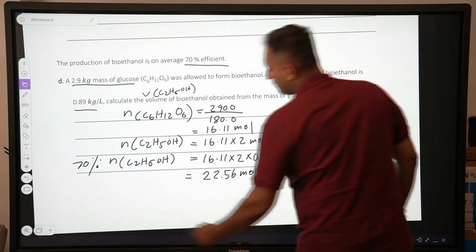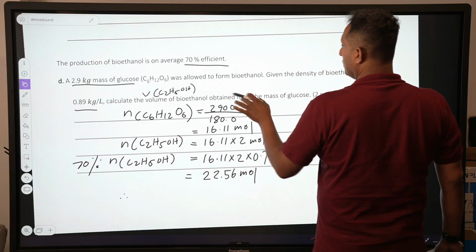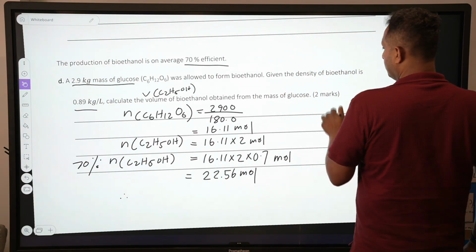So then you can find the mass of ethanol. Because to find the volume, you have to use the density formula.